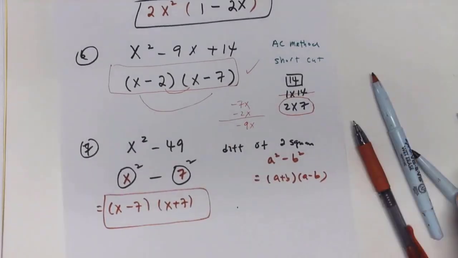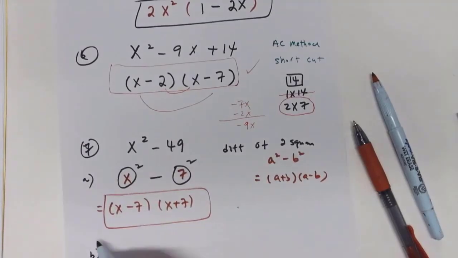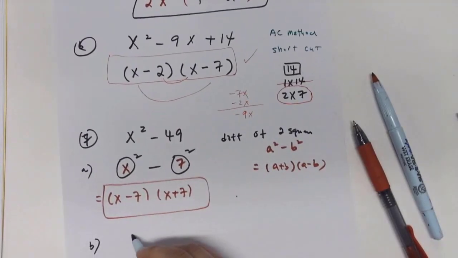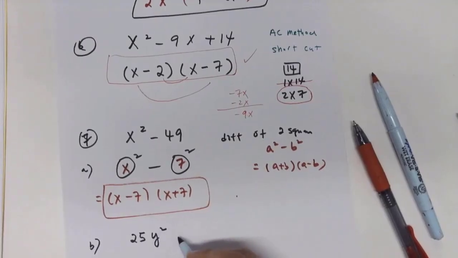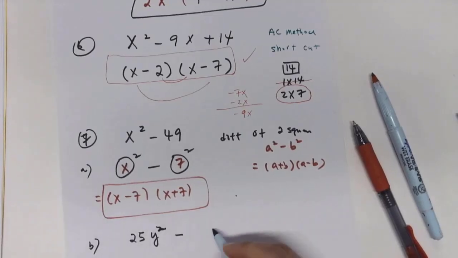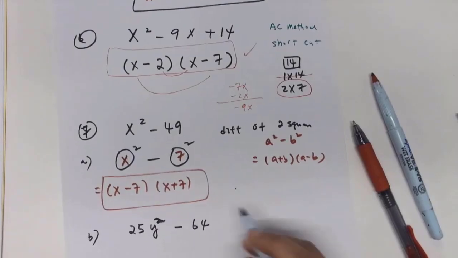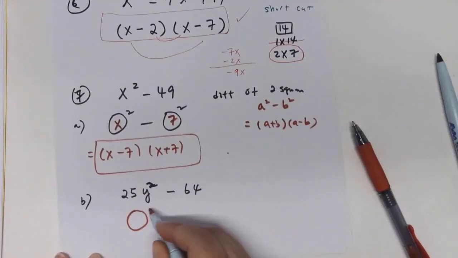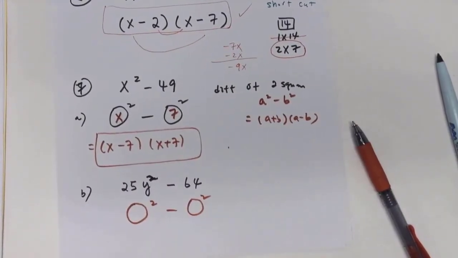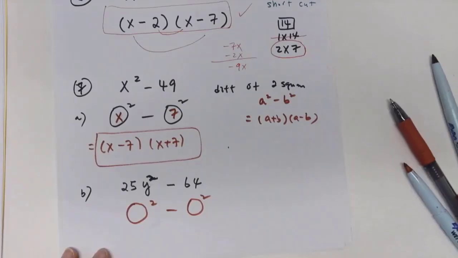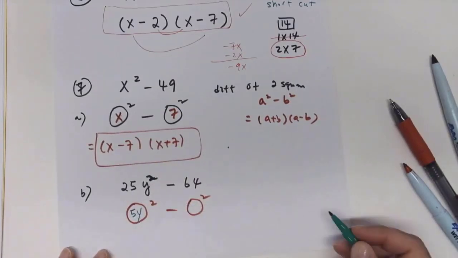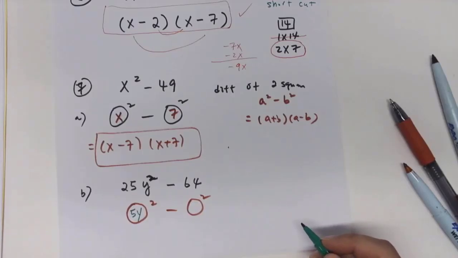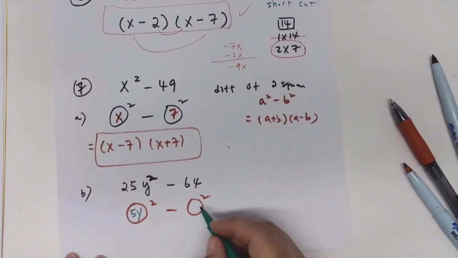Are we okay? Let's do one more of those because I want to make sure you get it. So another one can be 25y squared minus 64. So I want to make sure this is the difference of 2 squares, so I'm going to need to rewrite them as something squared minus something squared. 5 with y, okay. 5y is perfect. 64 is what times what? 8 times 8, okay.